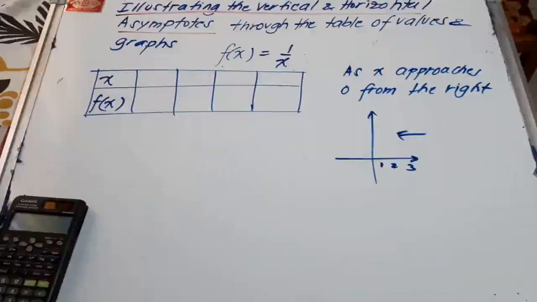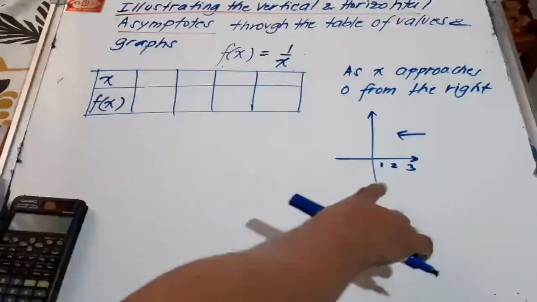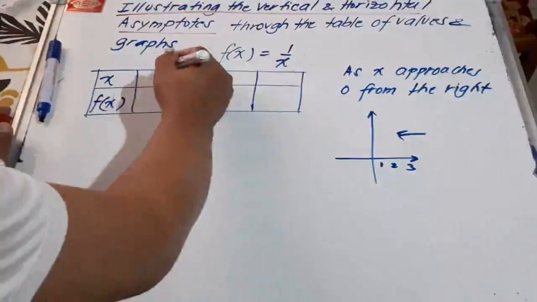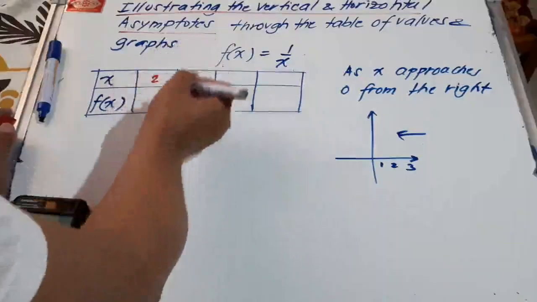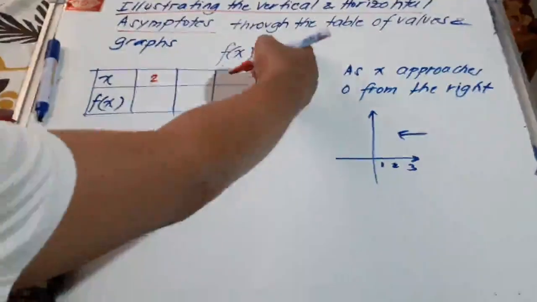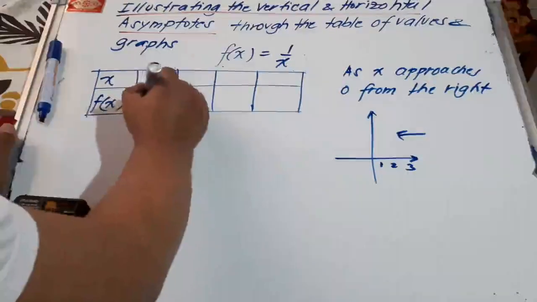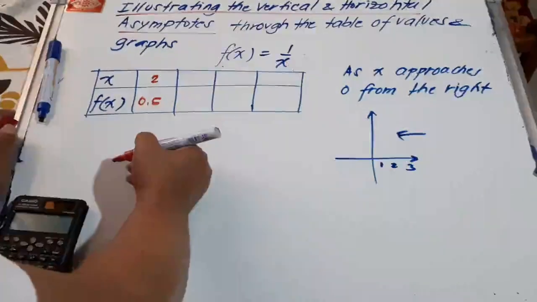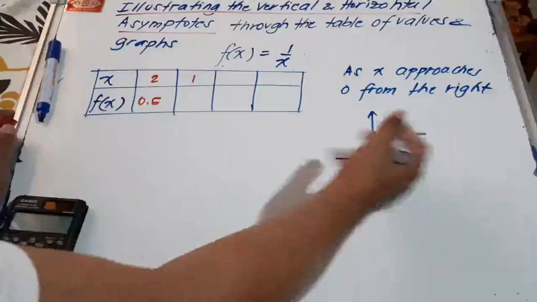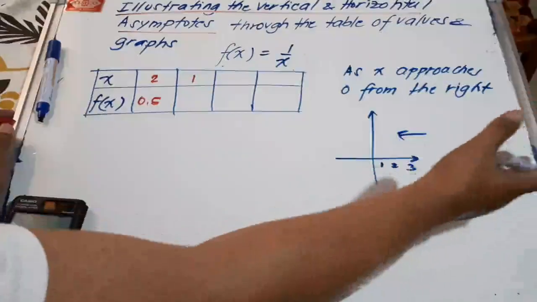So, maglagay muna tayo. Dito na lang tayo mag-start. If x is 2, f of x is 1 over 2, or 0.5. If x is, let's say, 1, so papalapit ng papalapit sa 0, coming from the right.